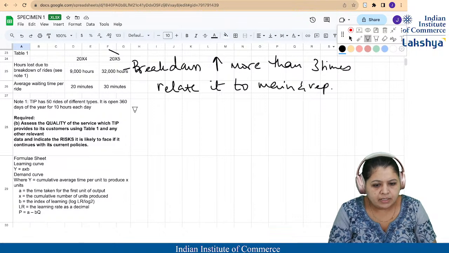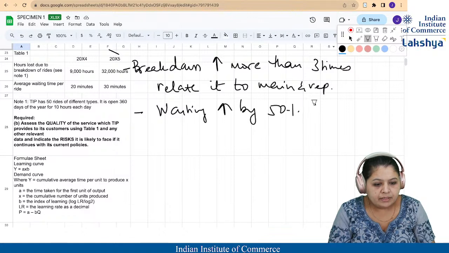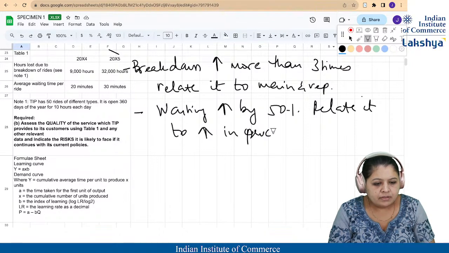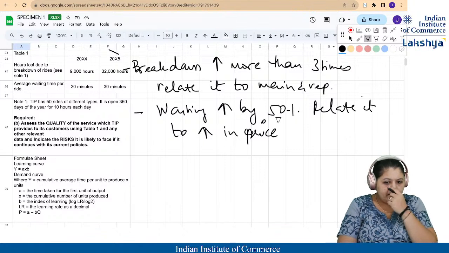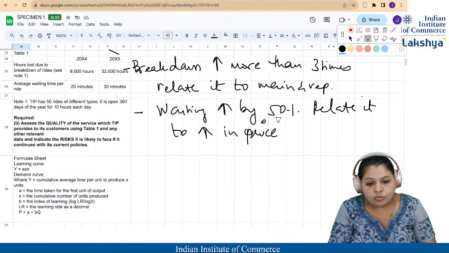That is the first thing. Second, waiting time is increased by 50%. Relate it to the increase in price, right? This shows that you can relate two features here.